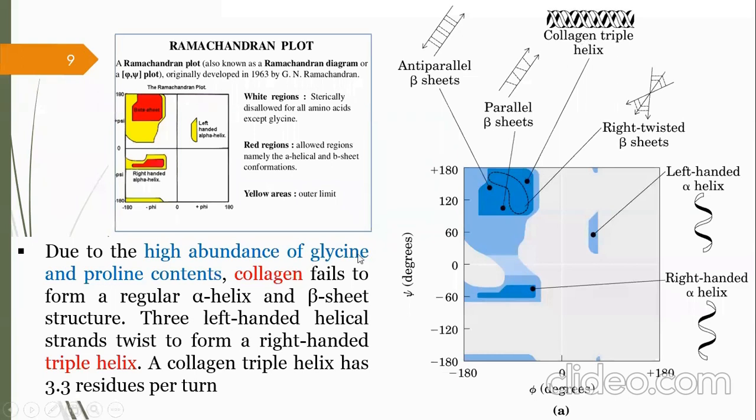That's why collagen fails to form a regular alpha helix or beta sheets, and therefore it forms three left-handed helical strands twisted to form a right-handed triple helix. A collagen triple helix has 3.3 residues per turn. Am I clear up till now?